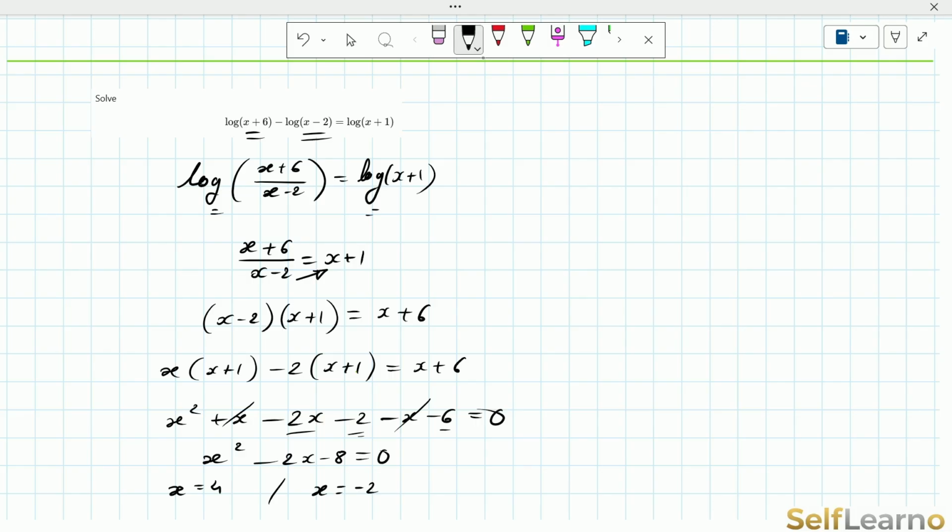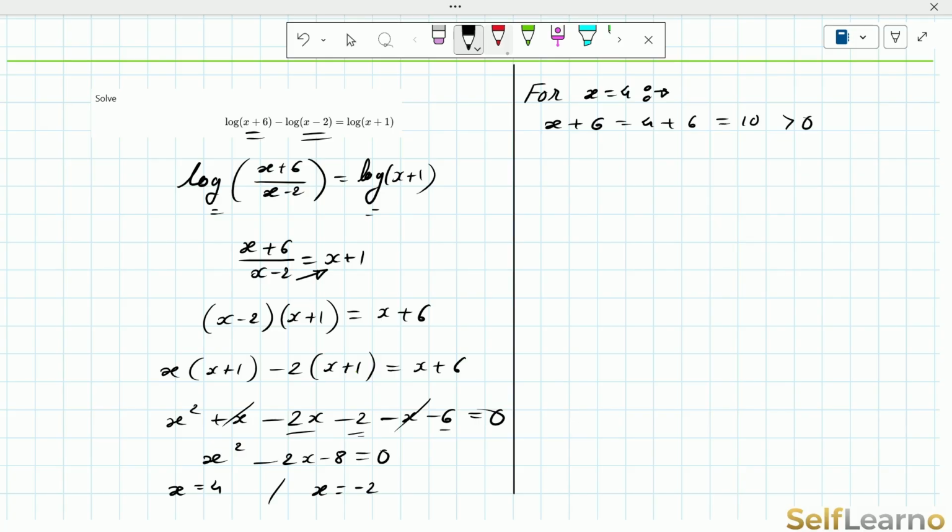Now let us check the validity. So for x is equal to 4, there are 3 arguments. X plus 6, 4 plus 6, that is 10.